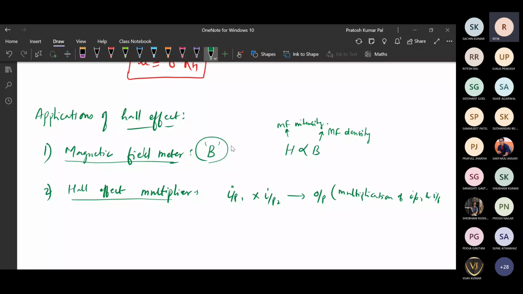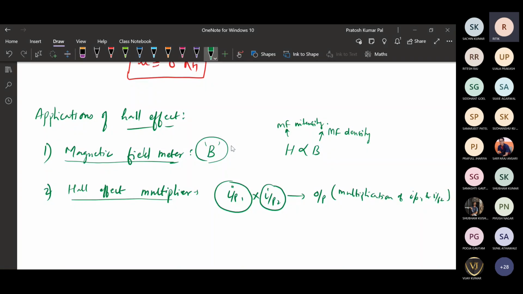Okay, so once we are providing one input and a second input, and at the output we are able to multiply these two, we will be saying that the Hall effect can be used in applications where multiplication is required.